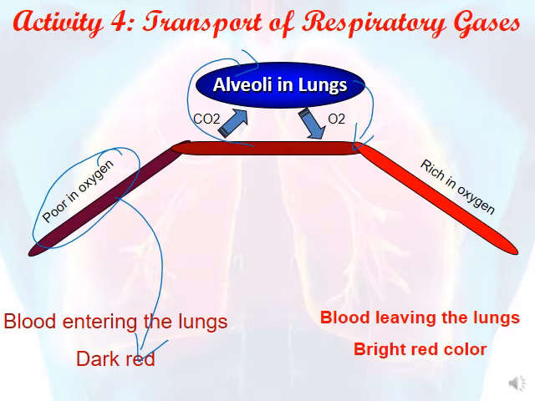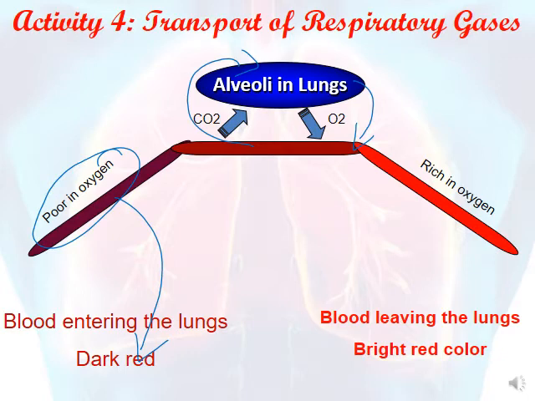So oxygen gas diffuses from the lungs, medium rich in O2, to the blood, medium poor in O2. Whereas the opposite is true for carbon dioxide, which diffuses from the blood, the medium rich in CO2, to the lungs, the medium poor in CO2.